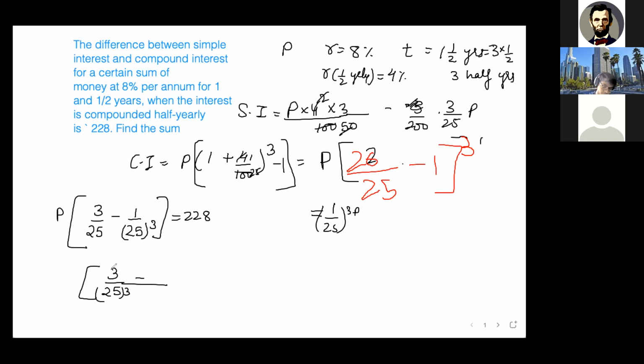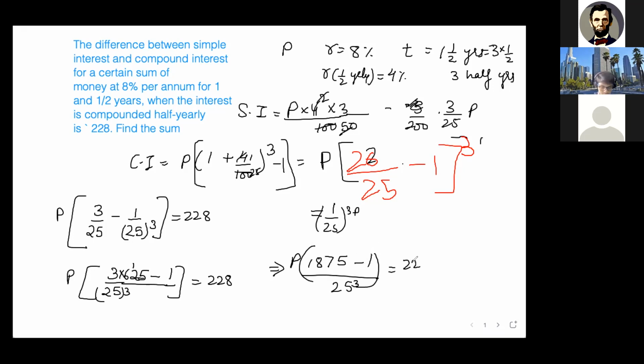So this will be 3 into 625, because 25 is already there, so it will be multiplied by 25 squared, and here it will be 1, is equal to 228. 625 into 3 is 5 3s are 15, carry 1, 3 2s are 6 plus 1, 7, 6 3s are 18. 1875 minus 1 divided by 25 cubed, whole into P is equal to 228.